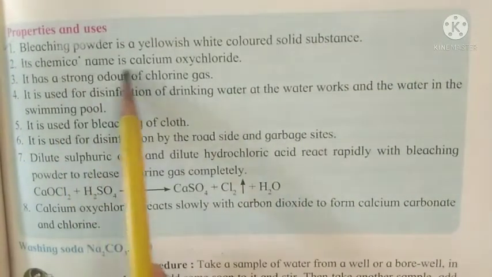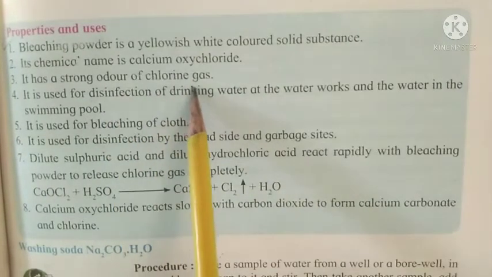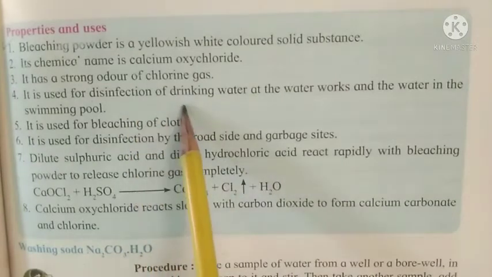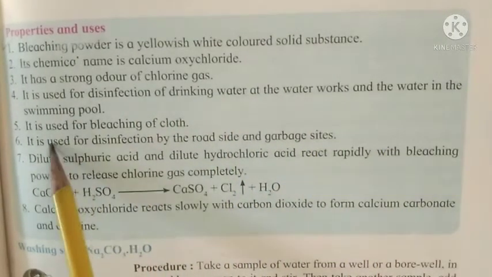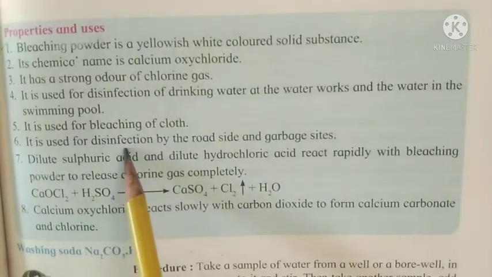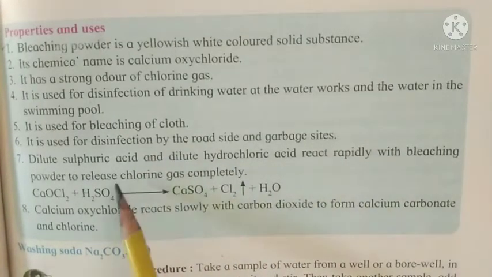Its chemical name is calcium oxychloride. It has a strong odor of chlorine gas. It is used for disinfection of drinking water at the water works and water in the swimming pool. It is used for bleaching of cloth and for disinfection by the roadside and garbage sites.